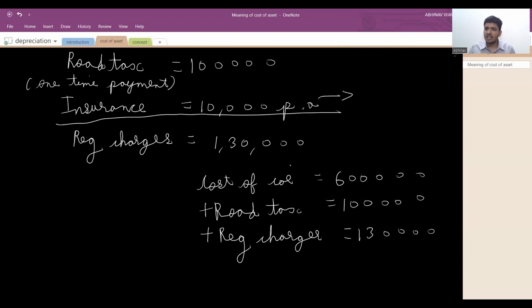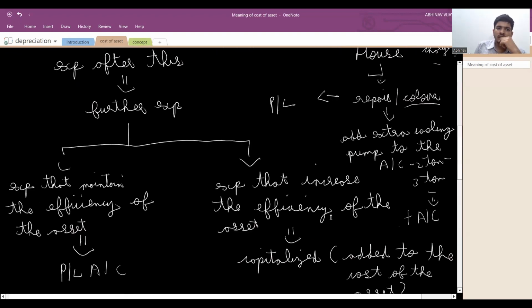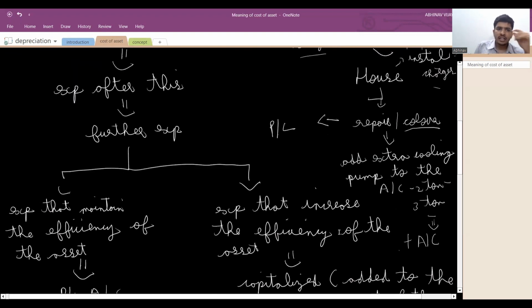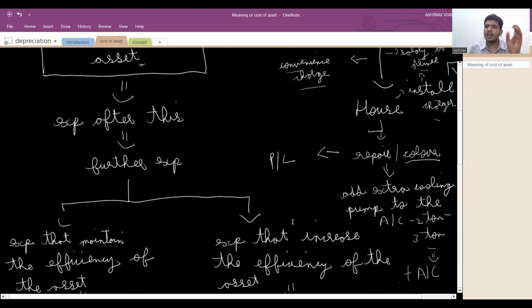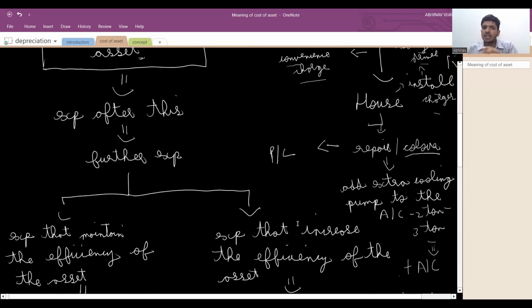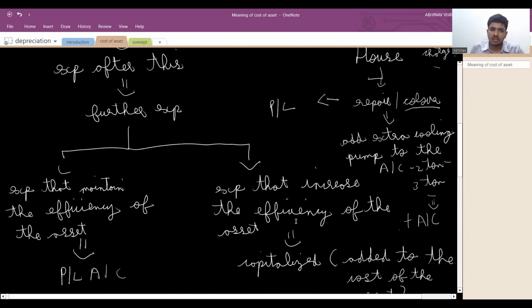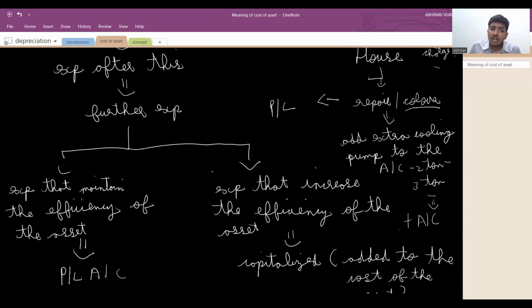Now insurance. I told you insurance is paid on a per annum basis, to avoid the risk of loss, any accident or something like that. Insurance is paid every year, after bringing the asset to the place of use, and throughout the time of usage of the asset. So this is further expense. Insurance is only used to maintain the efficiency of the asset.